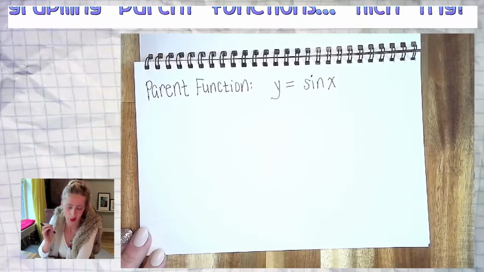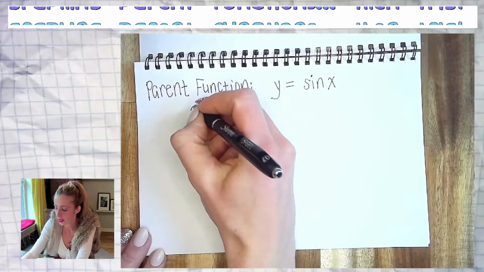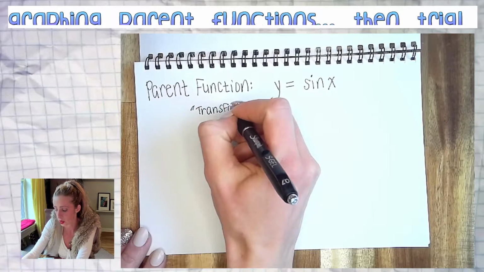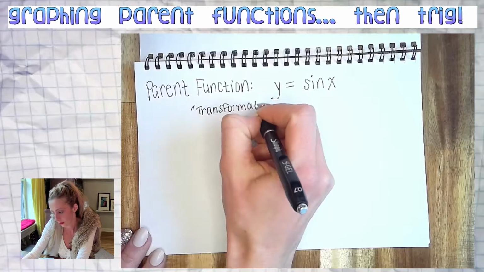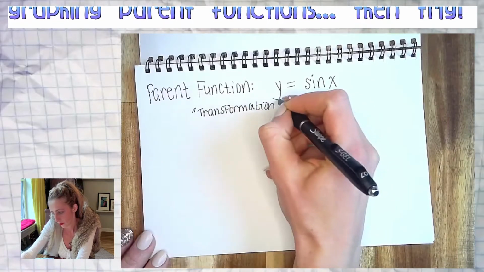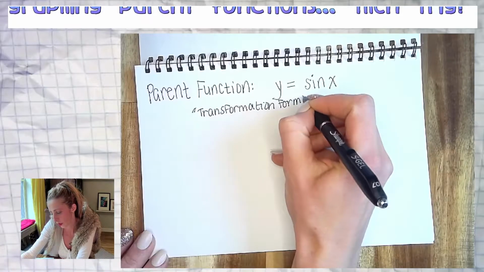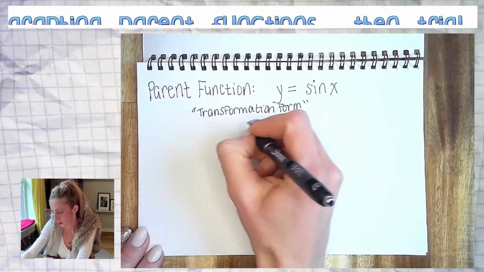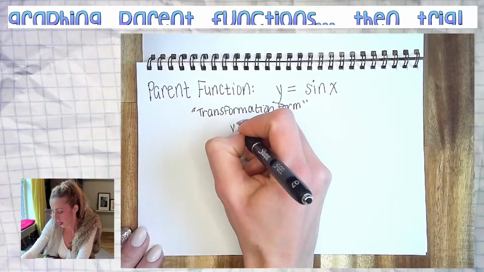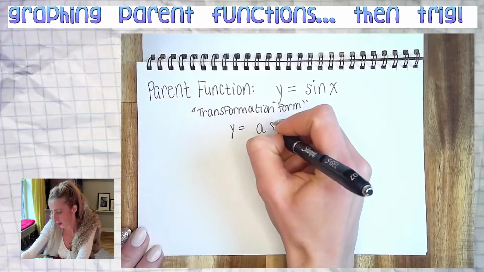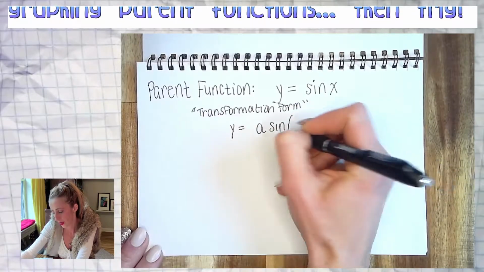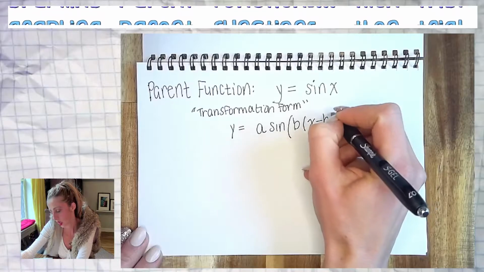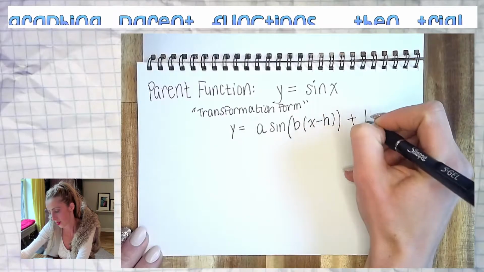It's not the same when it comes to sine. So I'll call this transformation form, and put a little note of what letters I'm going to use: y equals a sine of parentheses b, another parenthesis, x minus h, plus k.